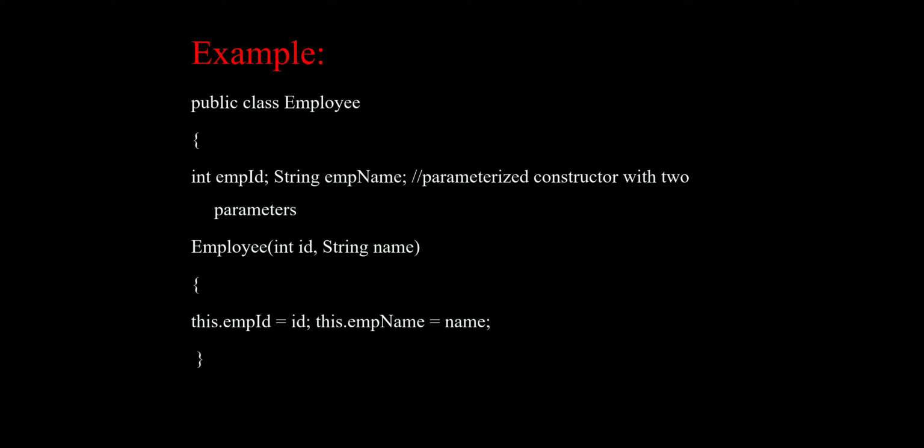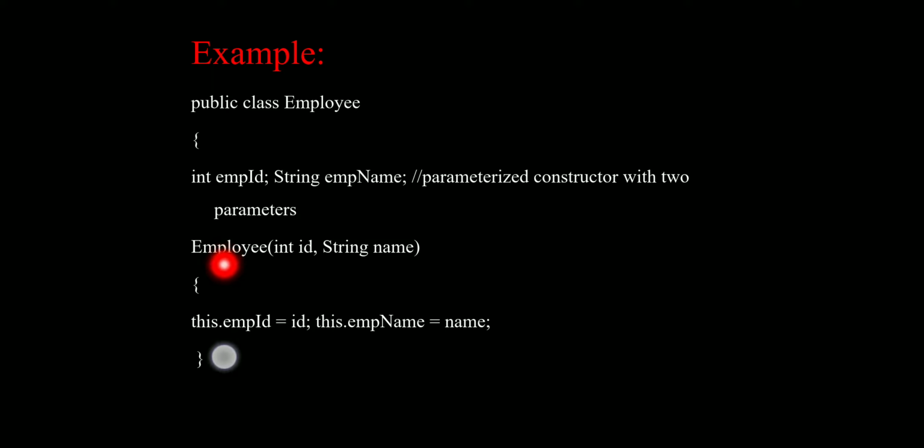First we declare the class Employee. In that we declare instance variables, int employeeId and String employeeName. This is a parameterized constructor with two parameters. Here Employee is the constructor.